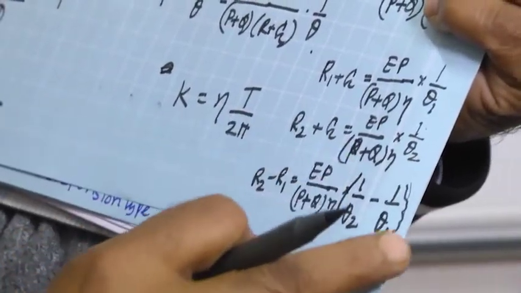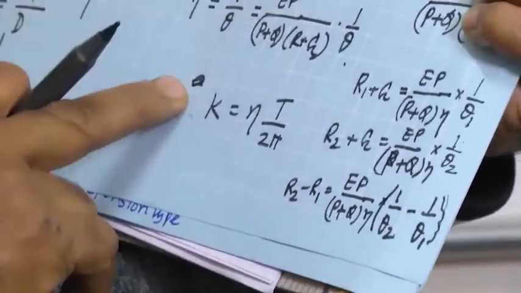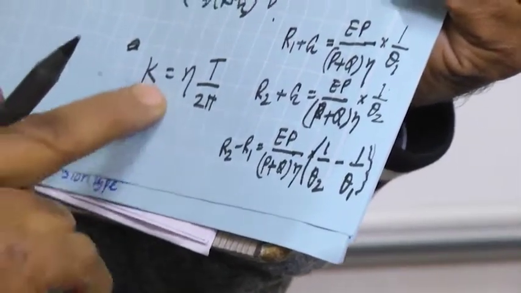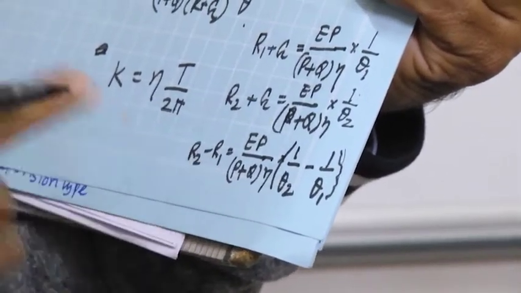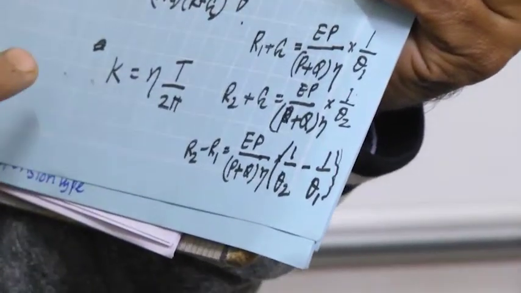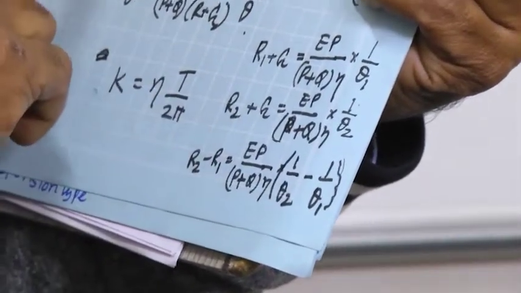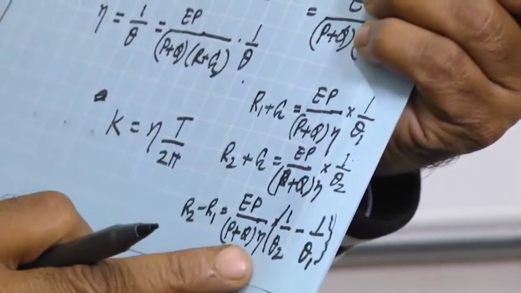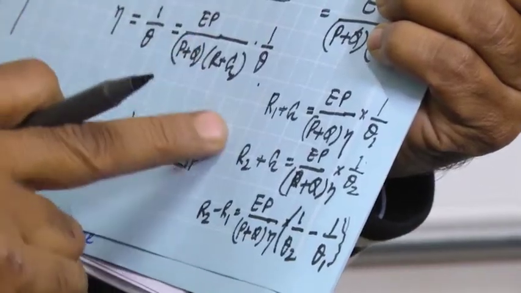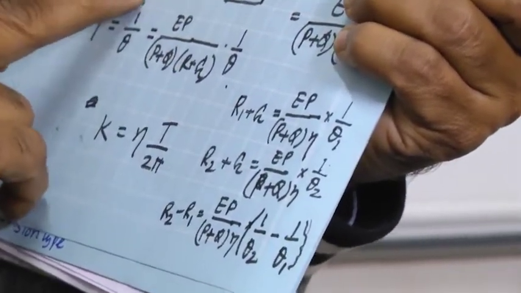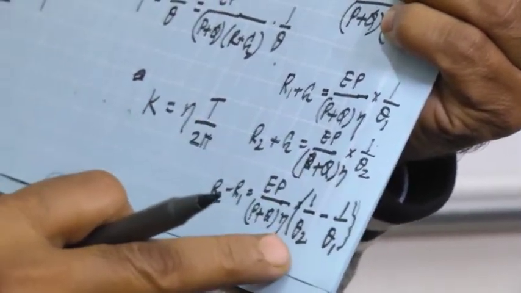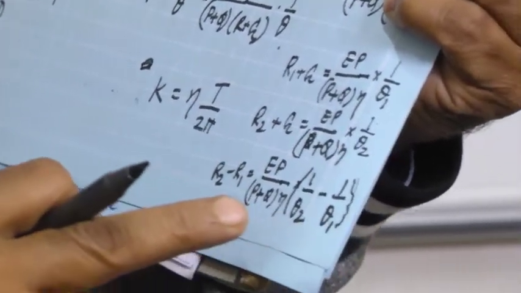If you plot 1 by theta along the y-axis and R along the x-axis, for a few different R, then from the slope of this curve you get 1 by theta 1 minus 1 by theta 2 divided by R2 minus R1.